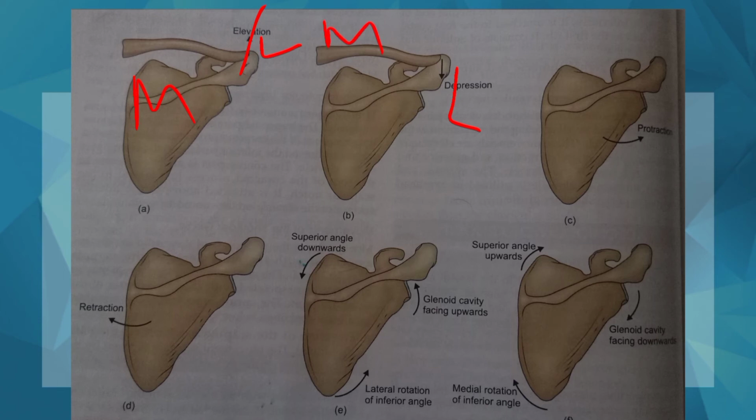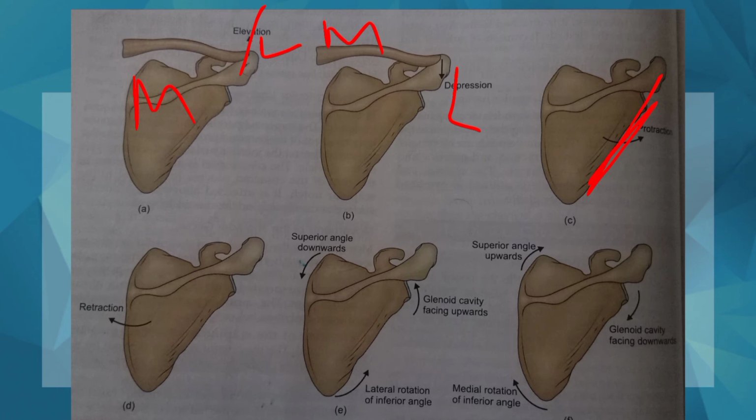Moving further to protraction of the scapula, as in pushing or punching movement, it is brought about by serratus anterior and pectoralis minor. It is associated with forward movement of the lateral end and backward movement of the medial end.